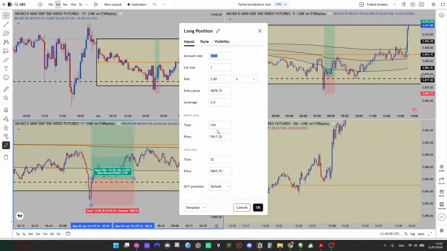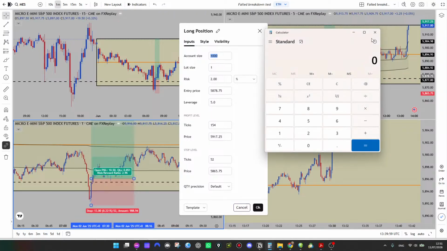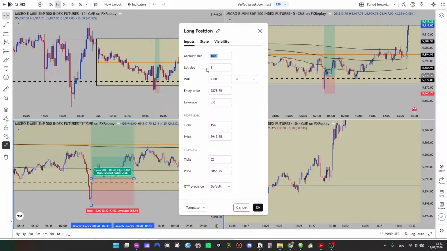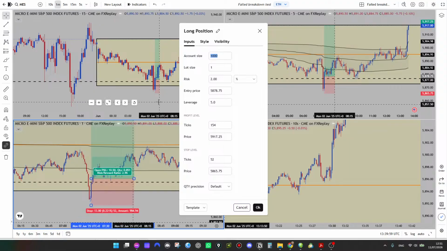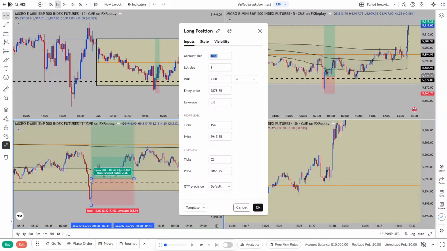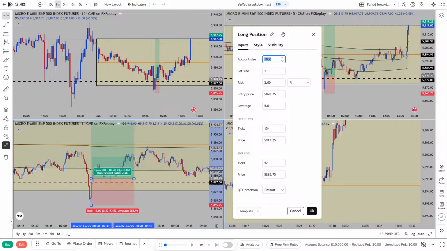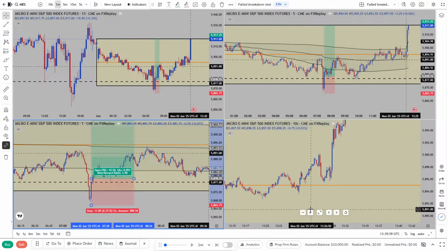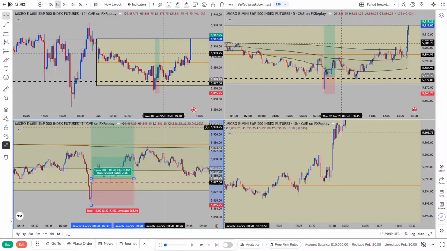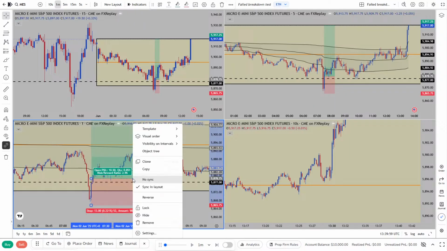Yeah, it's about one contract. Okay, if it is one contract, then possibly I could risk a little bit more. Let's say, let's risk maybe 4%. Yeah, it doesn't change much.